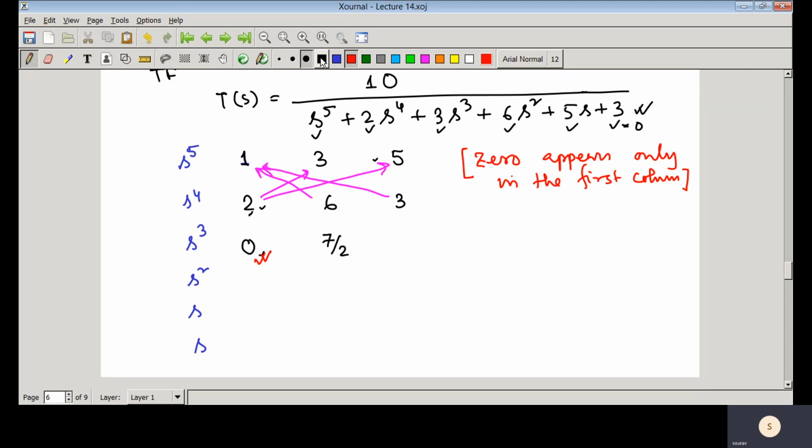So then we need to replace that element by a small number epsilon.